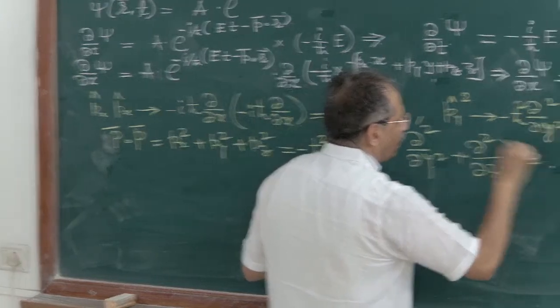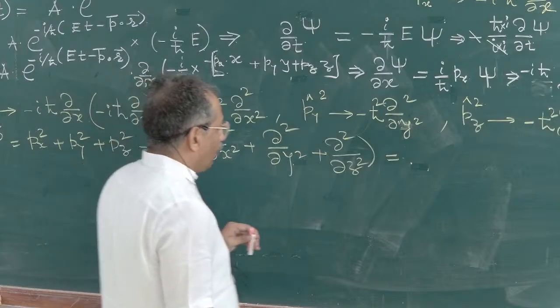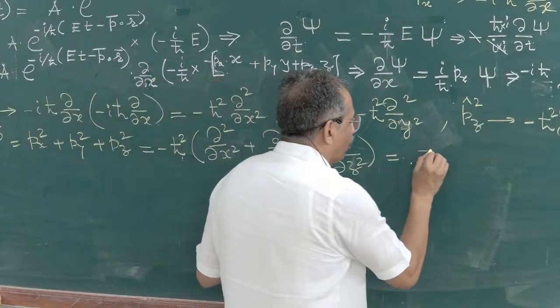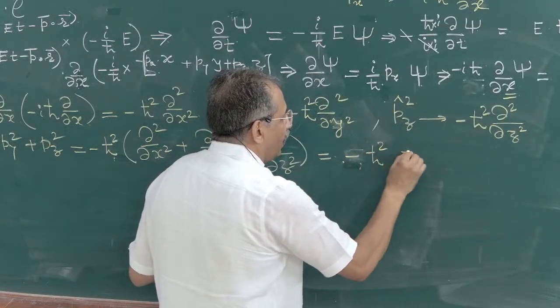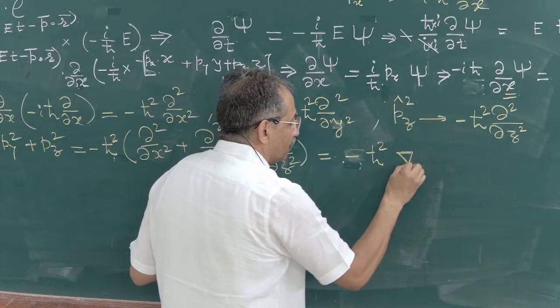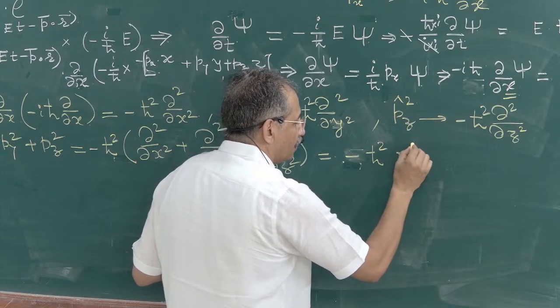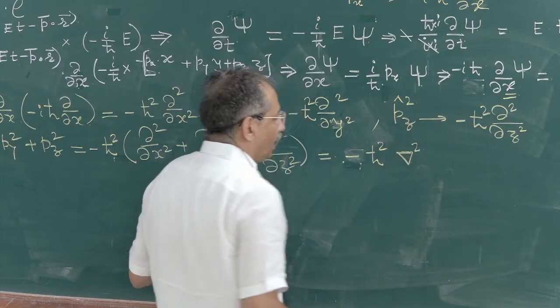This can be fashionably written in terms of the operator as minus h cross square into del square. Not nabla operator, this is a Laplacian operator, del square.